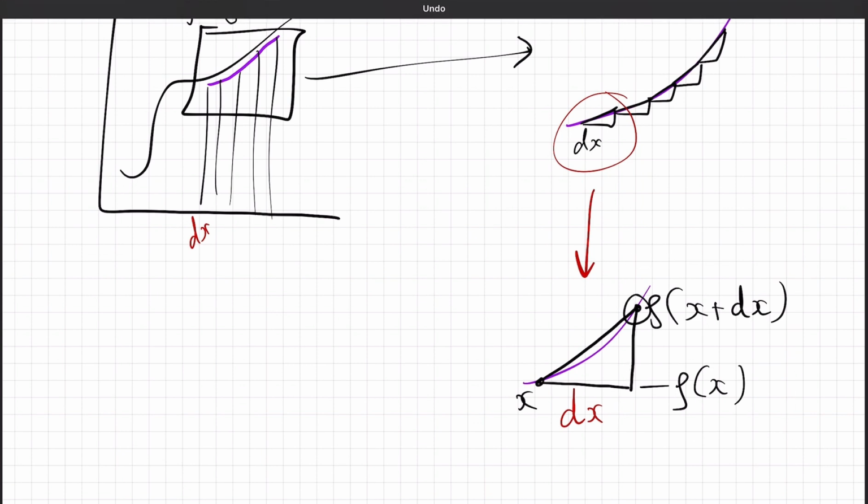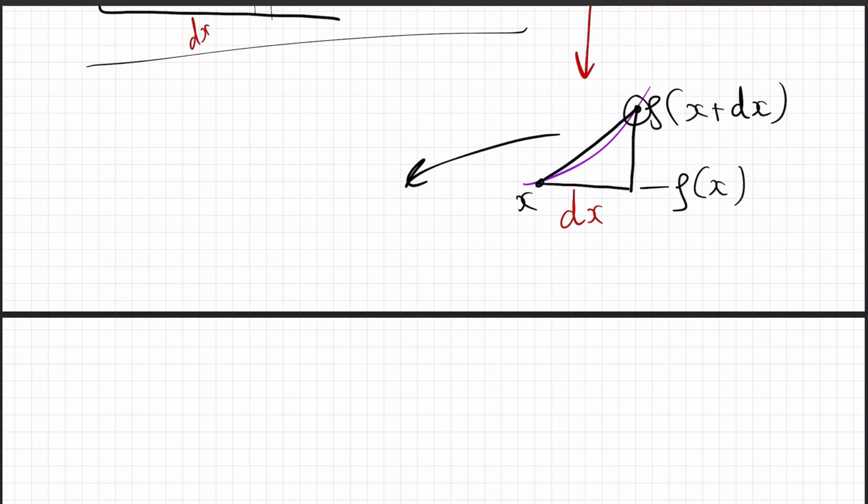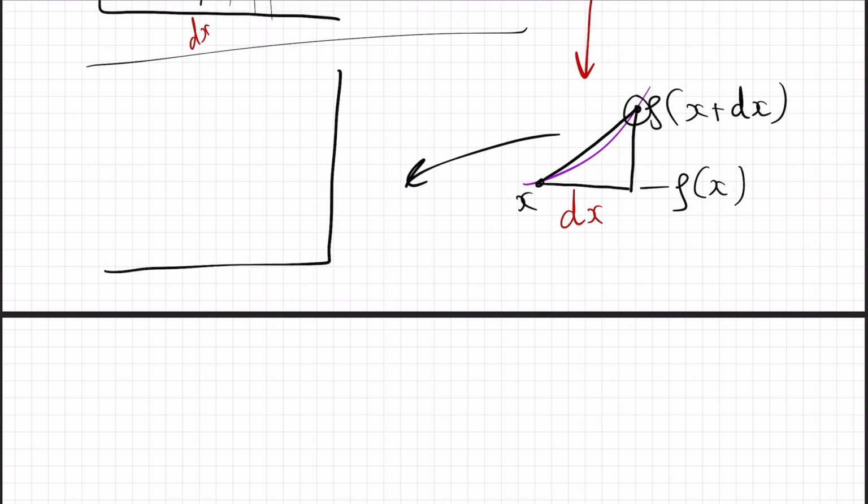What that means is I'm going to draw another triangle to make it a bit more clear. So this is the triangle we're working with now. We have a base of dx, and if we want to find the height of this, well, this is just going to be f of x plus dx minus f of x, like so.